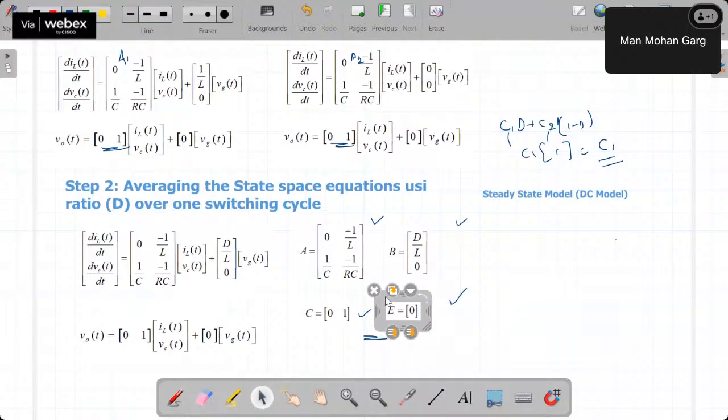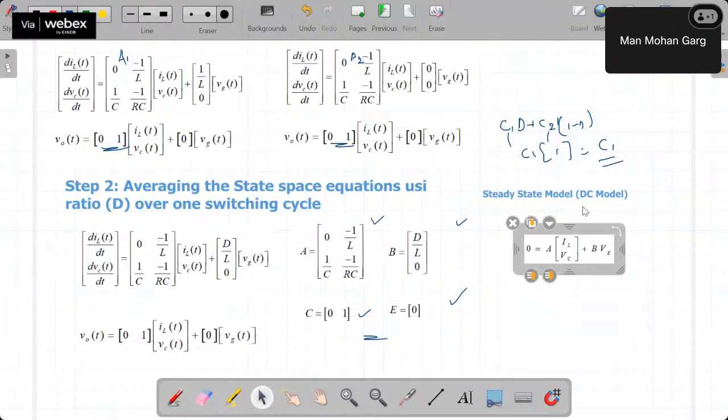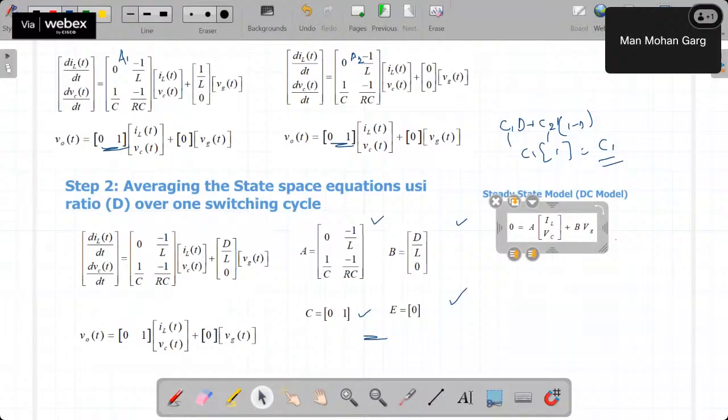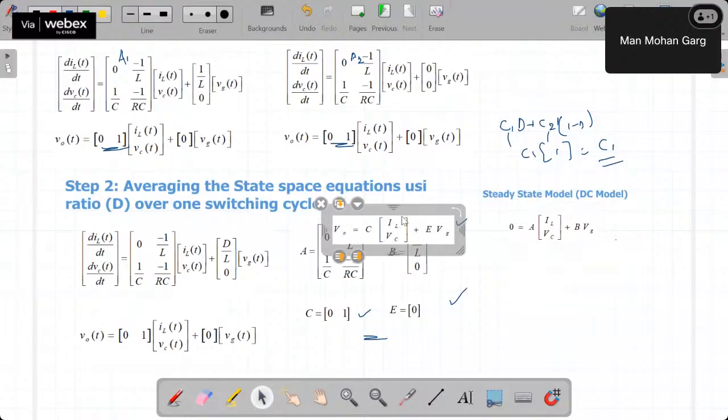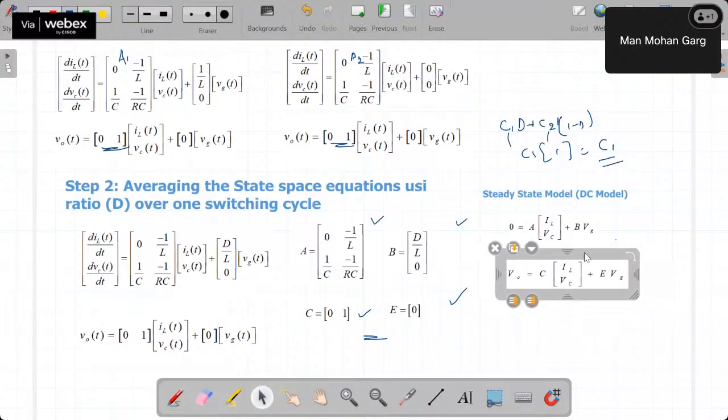So it's a proper visual also. Okay, so steady state model. You know that we have already derived it. So this will be the steady state model. L and C are not visible by the switch. They are to the right of the switch.